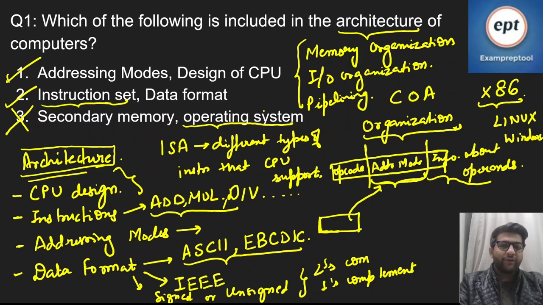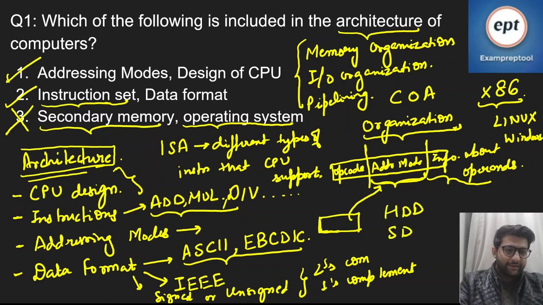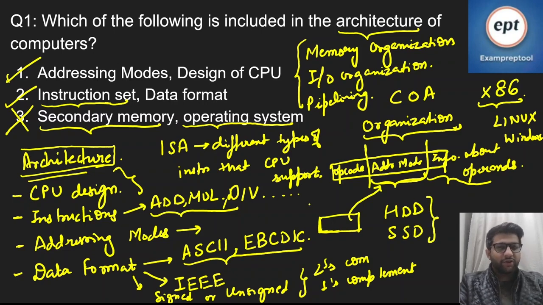So this is not a part of the architecture. And secondary memory also, you can have an HDD, a hard disk, or an SSD, right? You can have any of these on the same architecture of the computer. So secondary memory is also not part of the architecture of the computer, right?